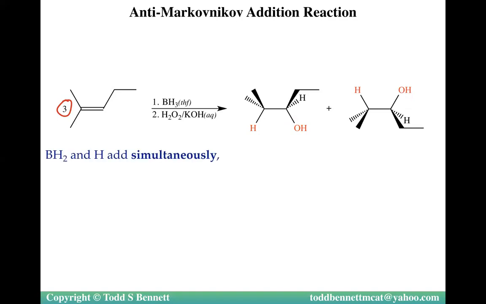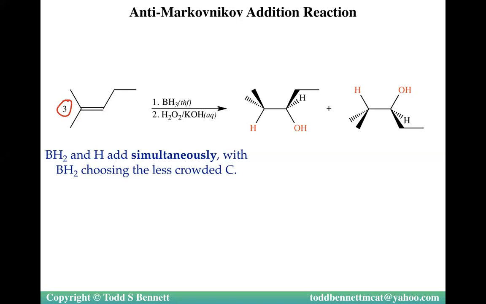So I'm going to look at the mechanism and again emphasize, because they add simultaneously, 2 situations. Number one, the H is going to go to the more crowded side because BH2, the other portion of the BH3 molecule, is going to choose the less crowded side. So BH3 chooses the less crowded side, sends the boron and 2 hydrogens there. The H gets to the more crowded side.